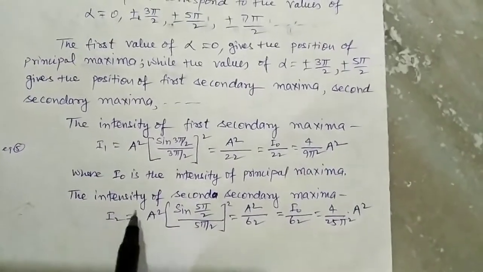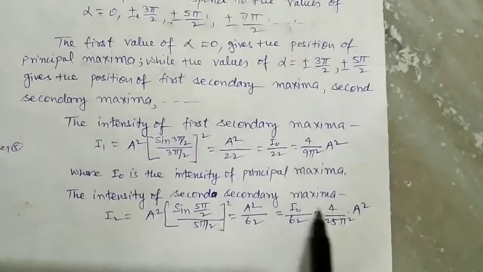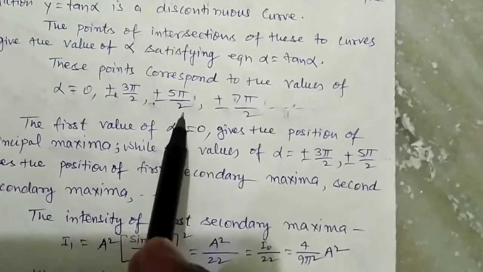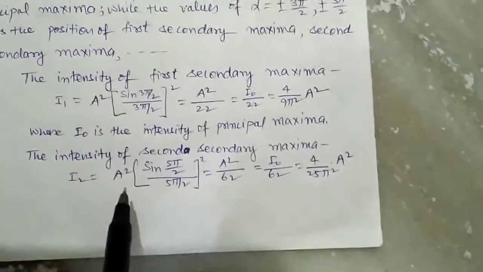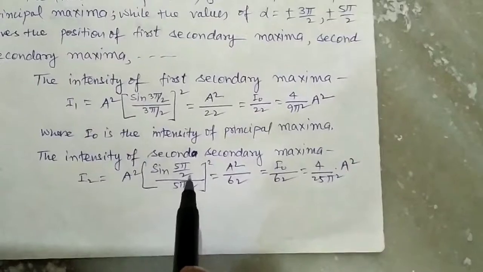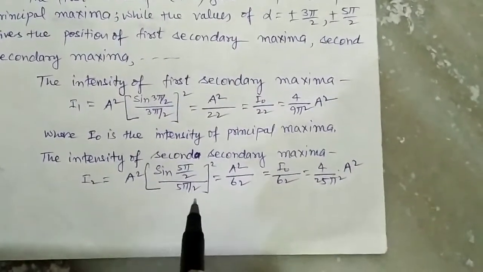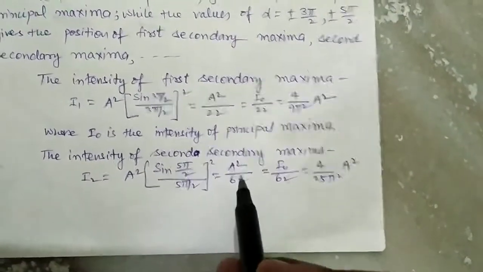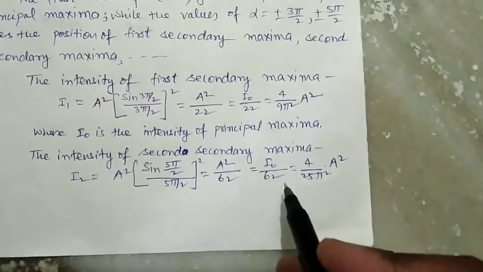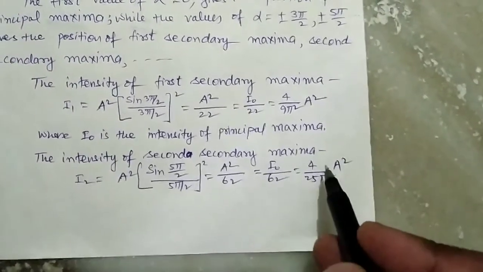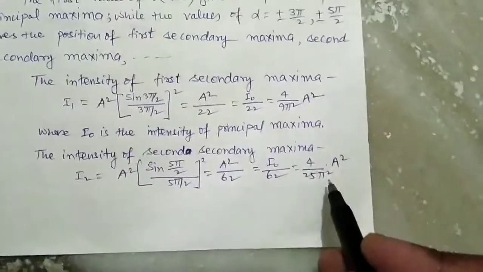Again, the intensity of the second secondary maxima, in which alpha is equal to 5 pi by 2. From equation number 5, we again have I2 is equal to a square sin 5 pi by 2 upon 5 pi by 2 whole square is equal to a square upon 62 is equal to I naught upon 62 is equal to 4 upon 25 pi square into a square.